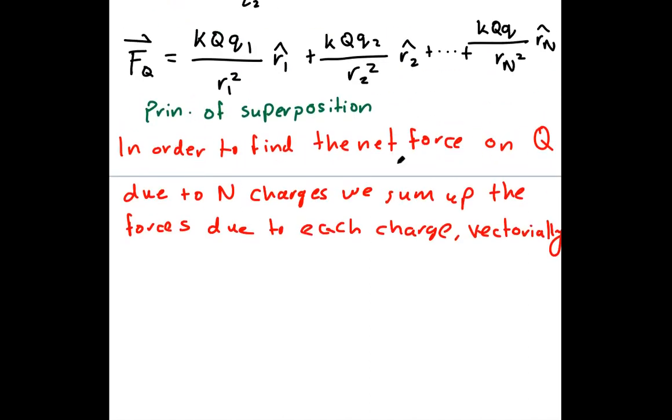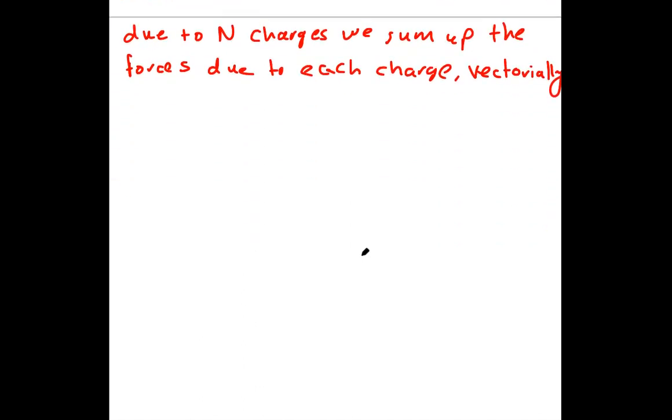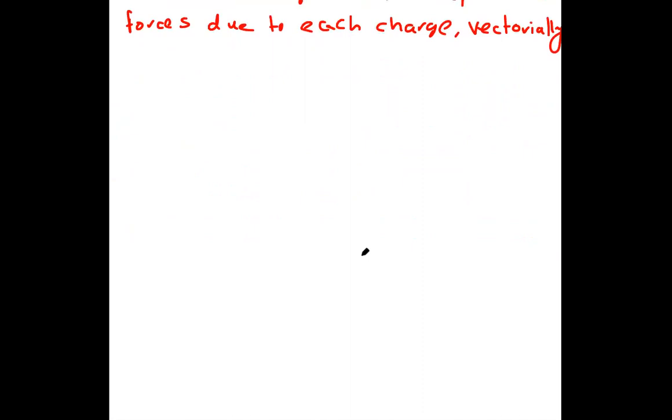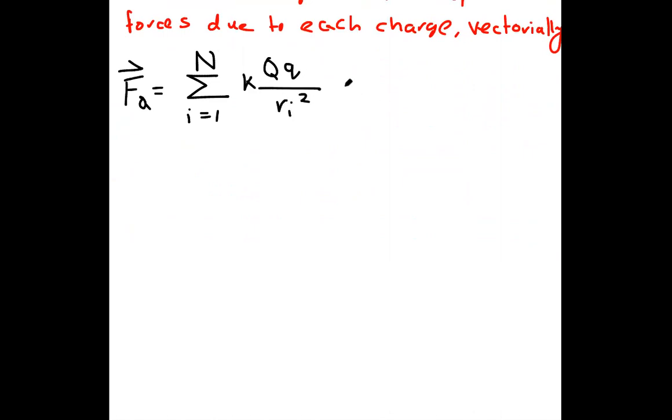Now we've come up with this equation over here. F sub Q is equal to this funny business over here. Let's write it in a cleaner form. We can actually use sigma notation to represent this better. So F sub Q is equal to the sum from i equals 1 to n of KQQ over Ri squared times Ri hat.